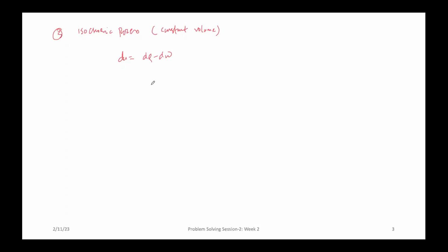Here the volume is constant, so the work term gets cancelled, which is equal to the heat capacity at constant volume times dT. In terms of integration, you can write it from T1 to T2 of Cv dT.